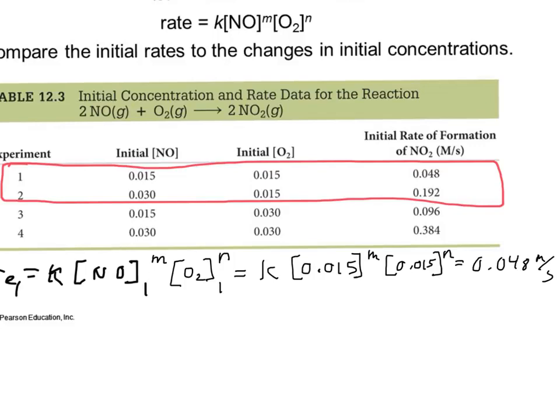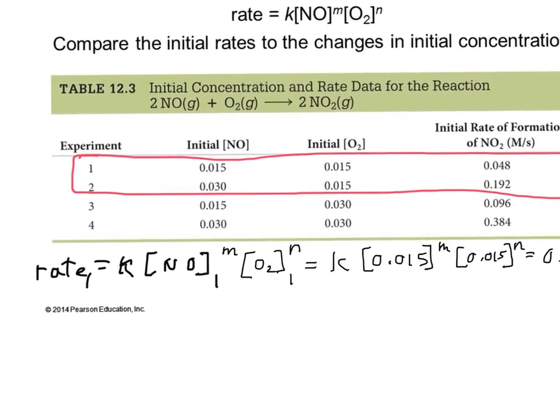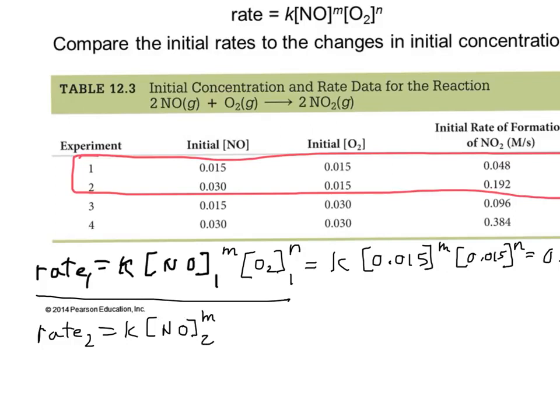What we're going to do is divide experiment 1 by experiment 2. I'm going to divide both sides of my equation by it. So I'm going to divide the rate of experiment 1 by the rate of experiment 2. And I'm going to divide the other side of the equation that way too. I'm going to divide by the rate constant times the concentration of nitrogen monoxide in experiment 2 to the n power.